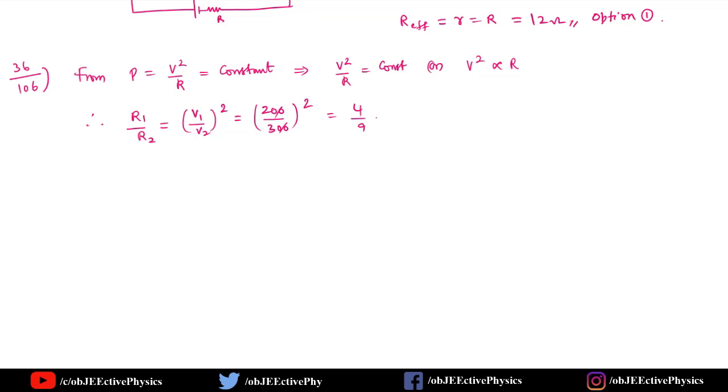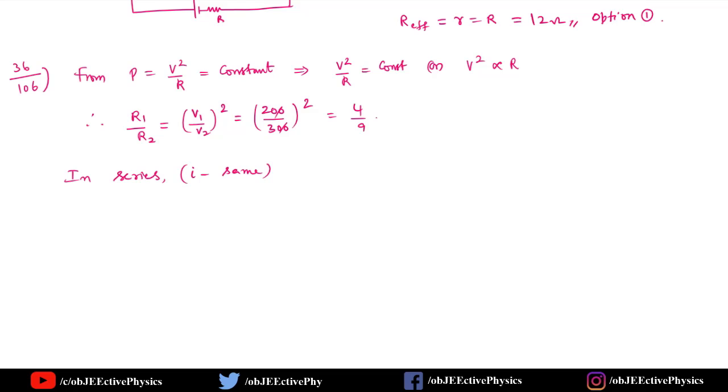Now these two bulbs are connected in series. In series combination, the current is the same. The same current flows through both the bulbs.